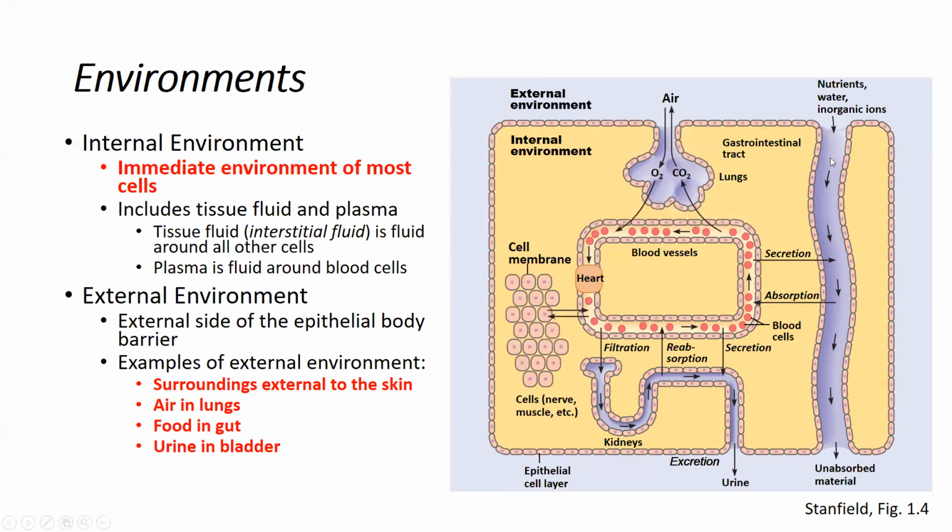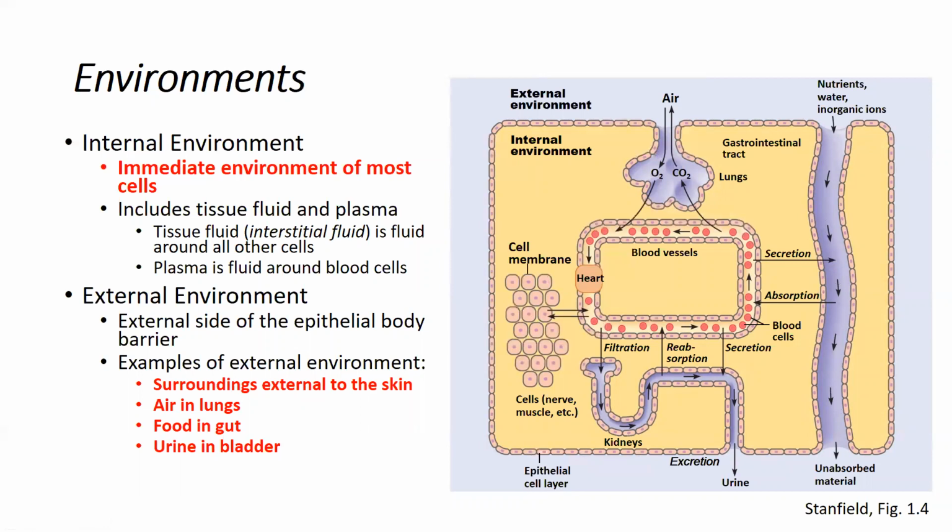Now, there's a layer of cells that sits between the internal environment in yellow and your external environment here in blue, and this is your epithelial layer. Right? So anything that sits outside of that epithelial layer is your external environment. Some examples here are the surroundings of your external skin, so everything outside of your body skin, the air within your lungs.